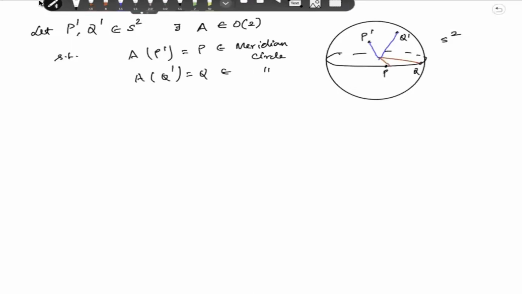And this action is by isometry. So the orthogonal transformation acts on S2 by isometry. So A is an isometry of this S2. So therefore, the distance between P prime and Q prime will be the same as the distance between P and Q. And now we know that there exists a great circle passing through P prime and Q prime.